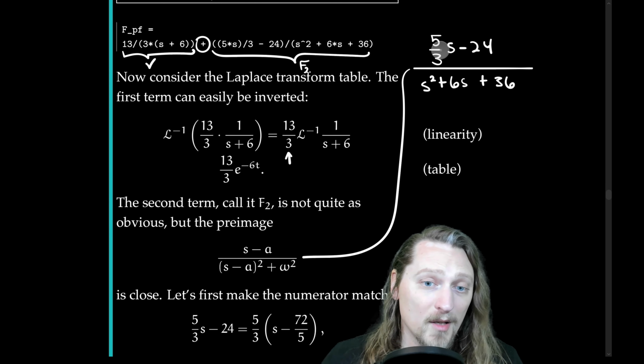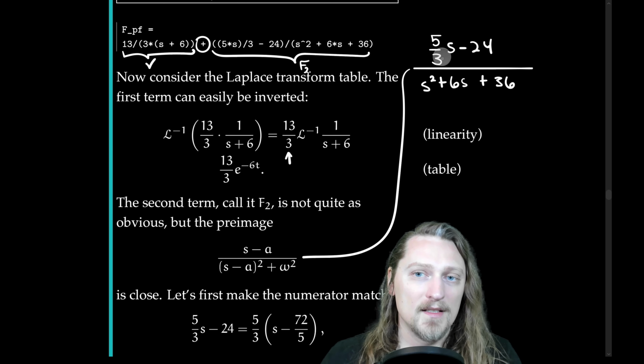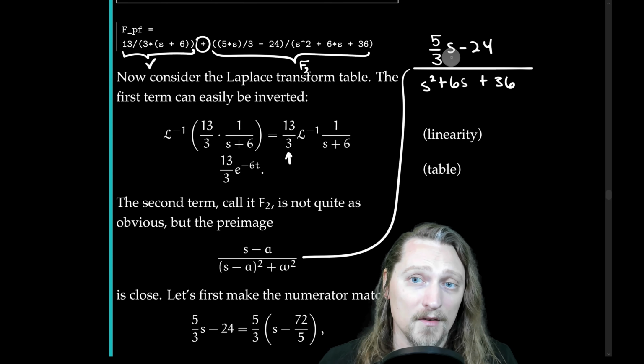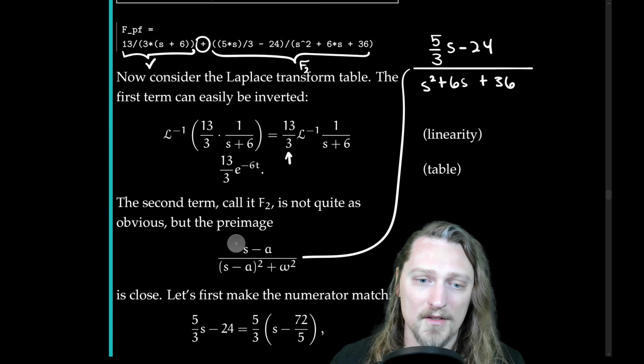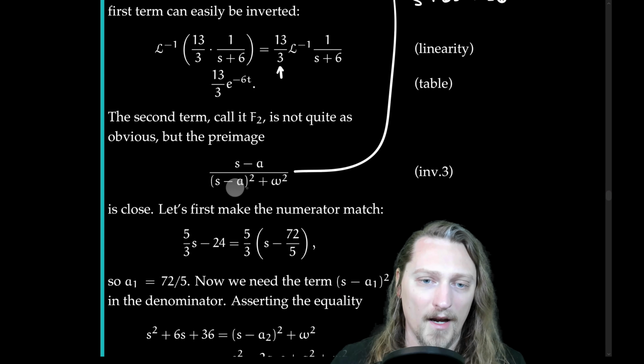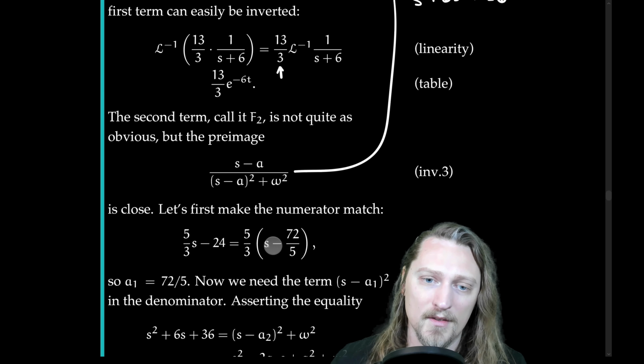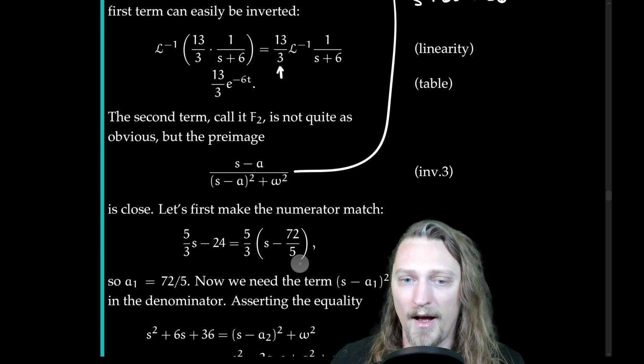The first thing we can do is we can make the numerators match. So it's easy to make this look like s minus a in the numerator. All we have to do is factor out a 5 over 3. So let's do that first. Factor out a 5 over 3, and we get s minus 72 over 5.